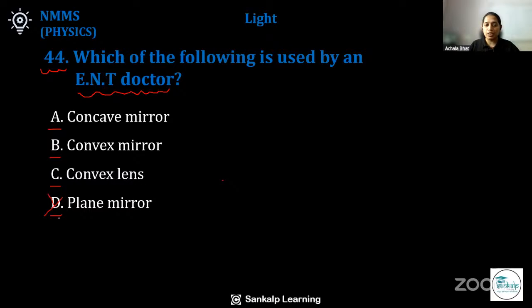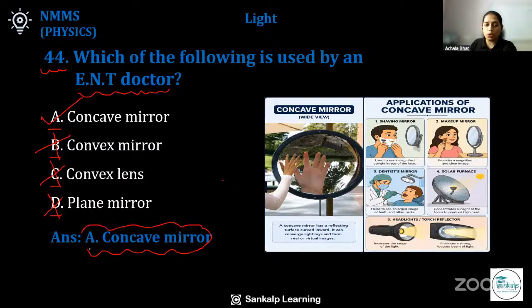Plane mirror, wrong. Convex lens, wrong. Convex mirror, wrong. Option A, concave mirror, is correct. Correct option is option A, concave mirror. Why is a concave mirror used?